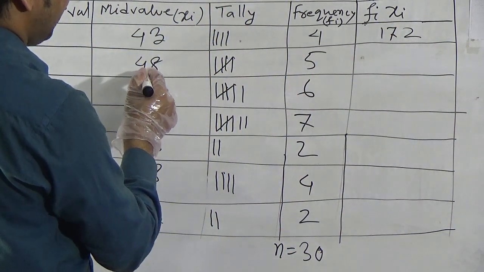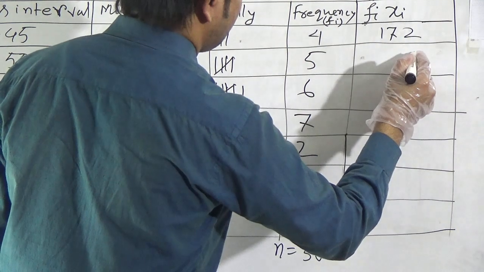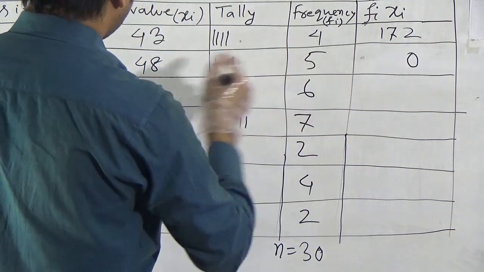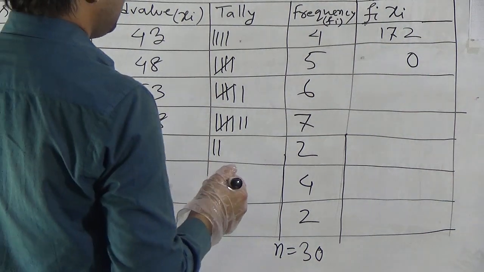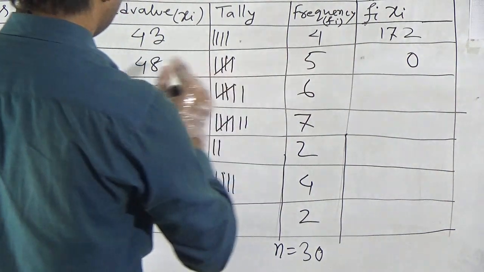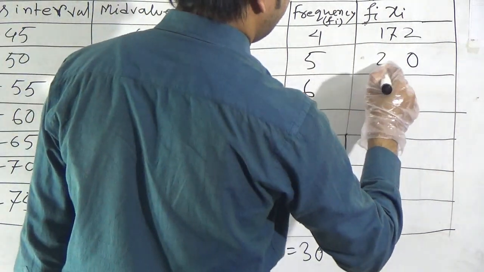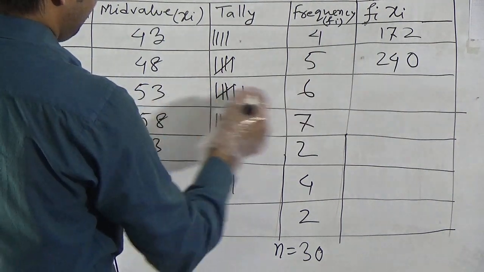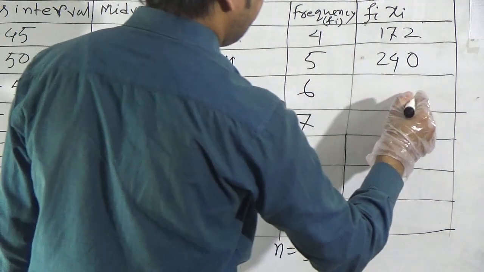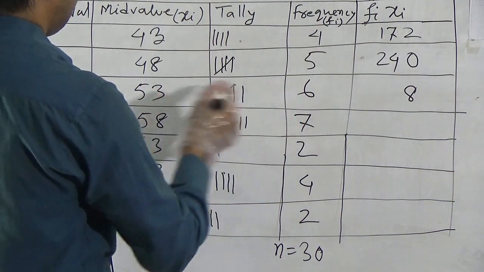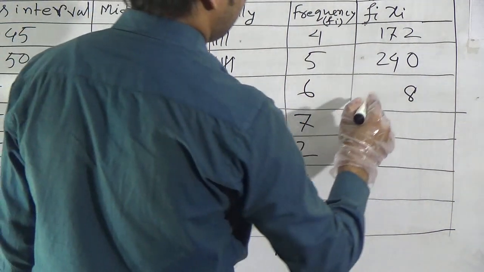So 172. Now 48 we have to multiply by 5: 5 8s are 40, so 0 here, 5 4s are 20 and 4, 24. Now multiply 53 by 6: 6 3s are 18, 8, 1 left, 6 5s are 30 and 1, 31.